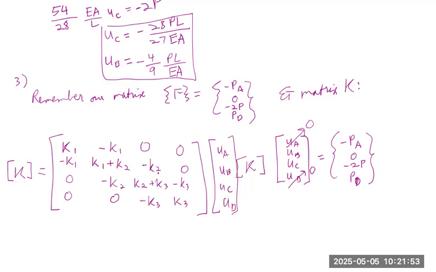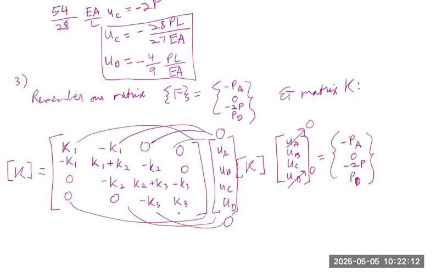So if UA is 0 and UD is 0, we're going to have K1 times 0, negative K1 times 0, negative 0 times 0, and 0 times 0 on the first row, and 0 times 0, 0 times 0, negative K3 times 0, and K3 times 0 on the bottom row.